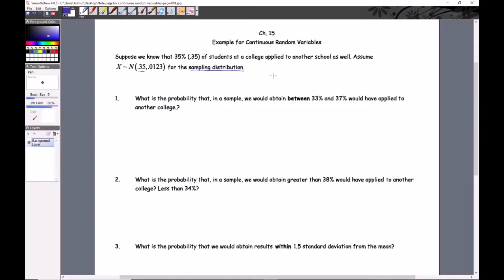If I go to this campus, randomly pick 50 people and ask them had they applied to another school as well, I wouldn't be guaranteed to get exactly 35% of them say yes. I might get 34%, I might get 38%. Who knows? It's a sample. I've got some variability in there, and so my results are going to vary from sample to sample.